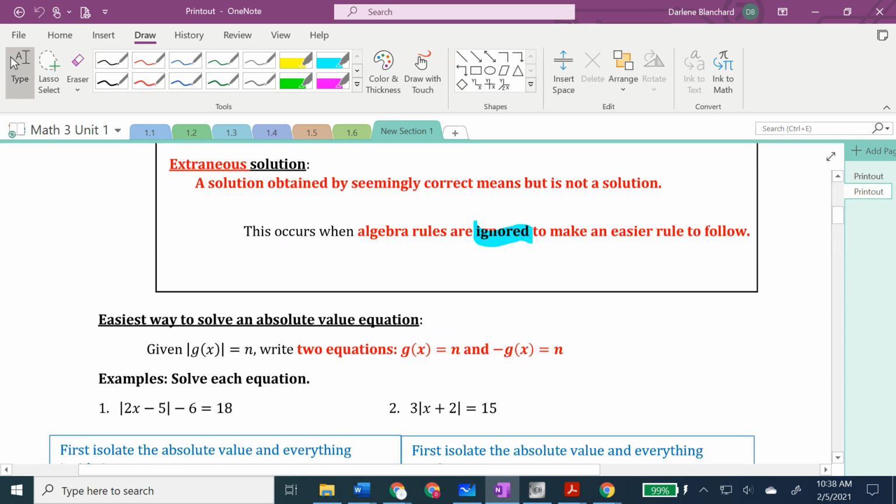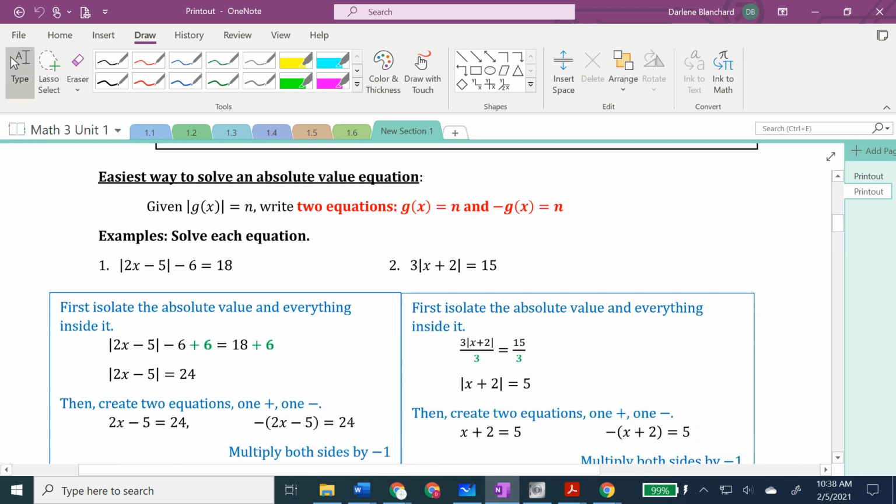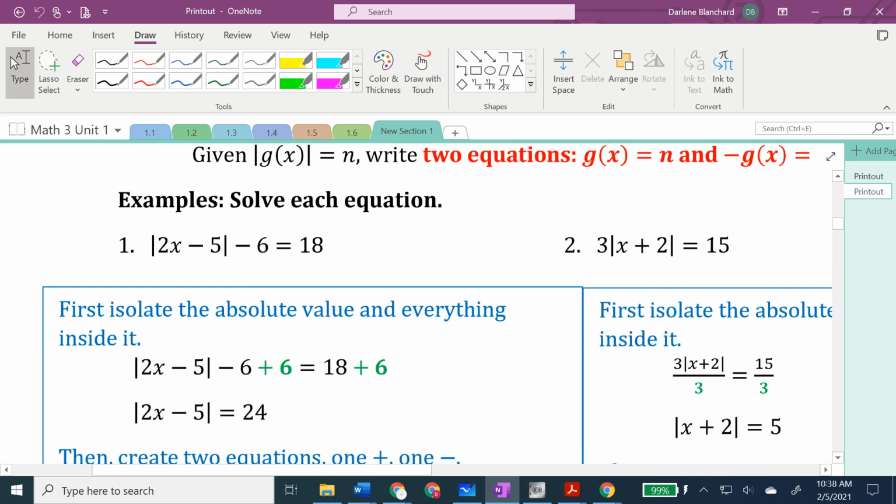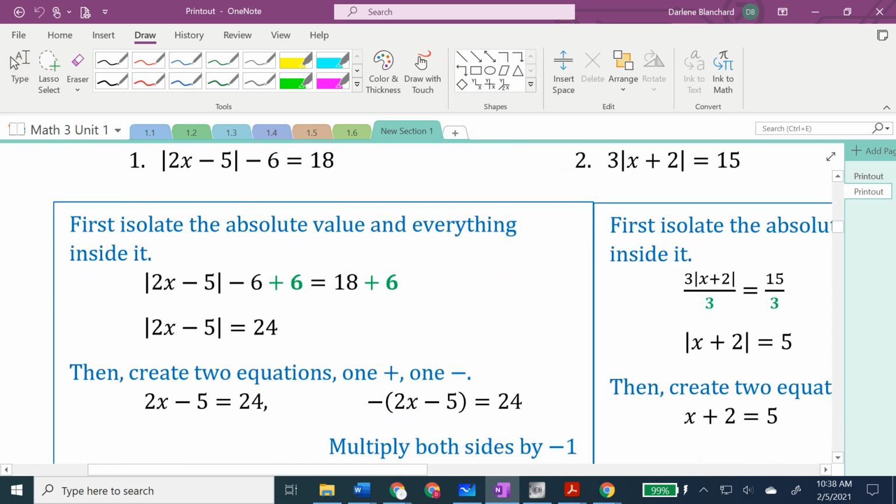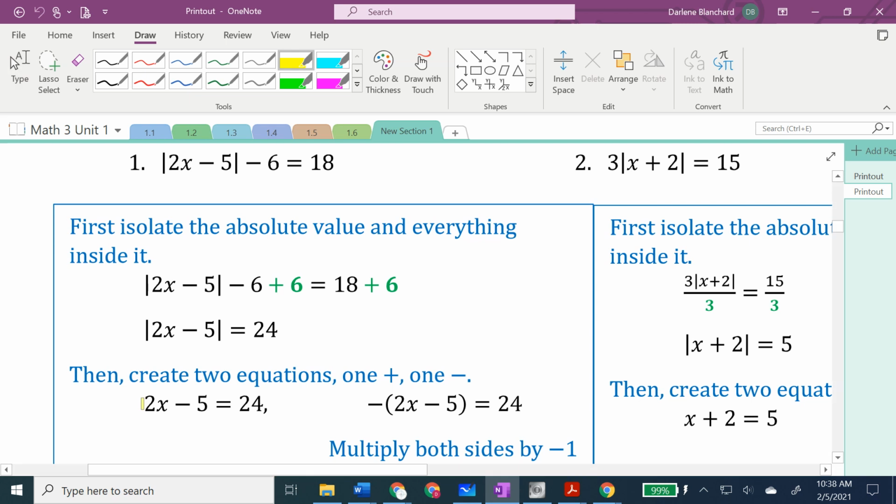the easiest way to solve absolute value equations is to just turn it into two equations and ignore domain. So you turn it into two equations by first isolating the absolute value. So with example 1, you needed to add 6 to both sides to get the absolute value by itself.